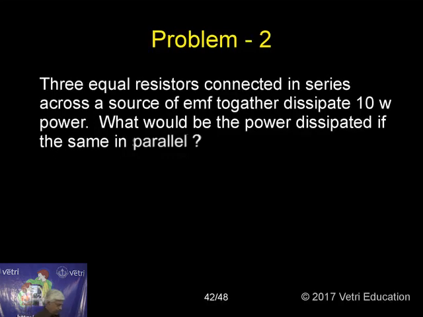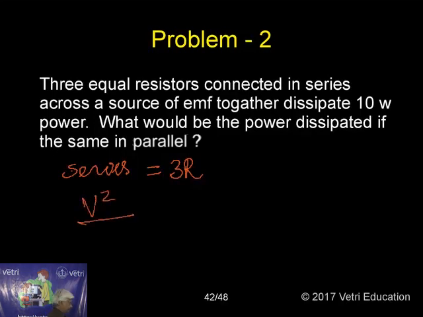First, the equivalent resistance in series. For three resistors connected in series, we add R plus R plus R, or R1 plus R2 plus R3. Therefore, 3R. We know power is equal to V squared by R. That is V squared by 3R is equal to 10.